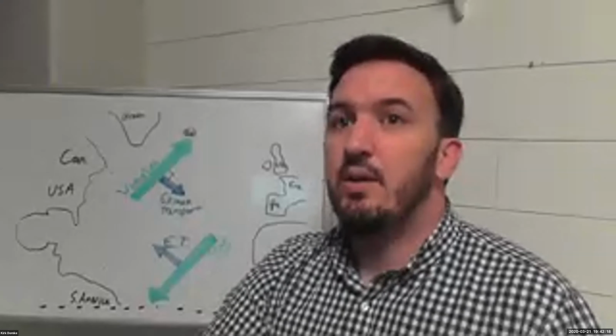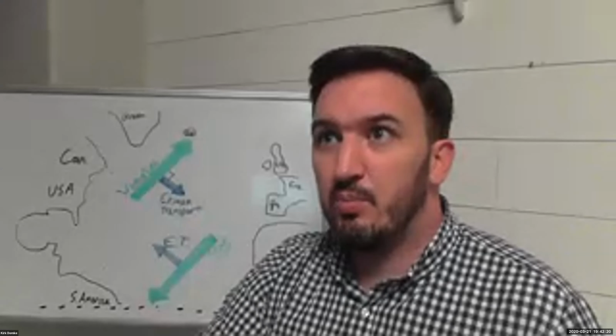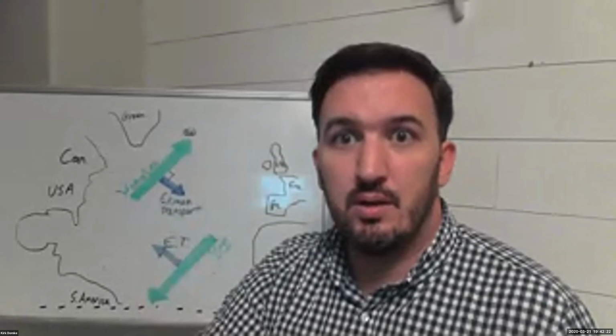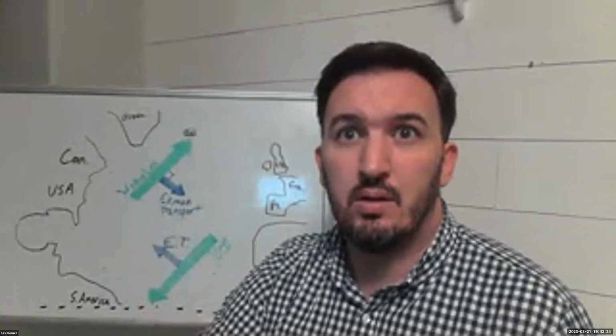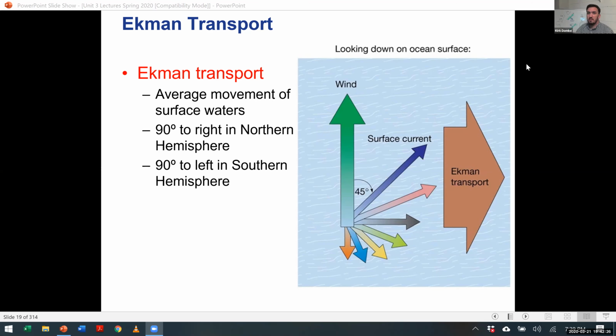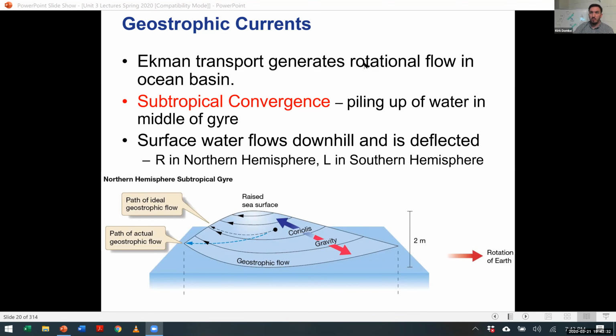Okay. So far, so good. We got our winds. We have Ekman transport, but there was a third force at play here. The third force at play is gravity. So what we start to see happening with these geostrophic gyres is we get what's called subtropical convergence.